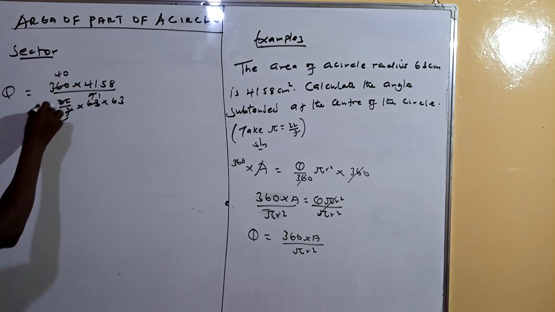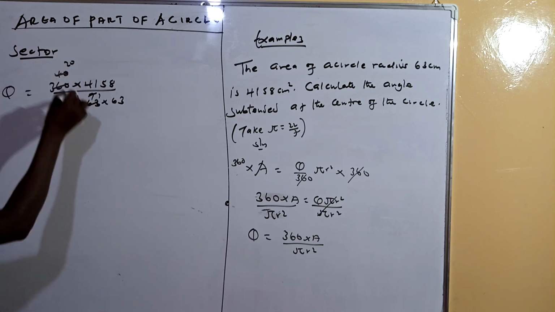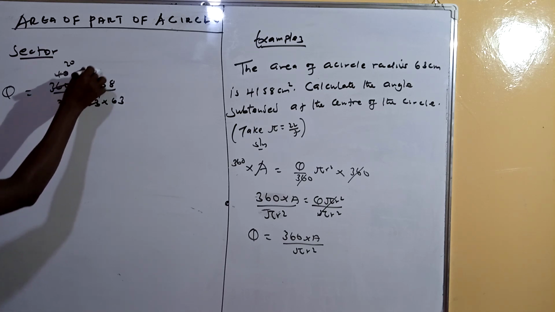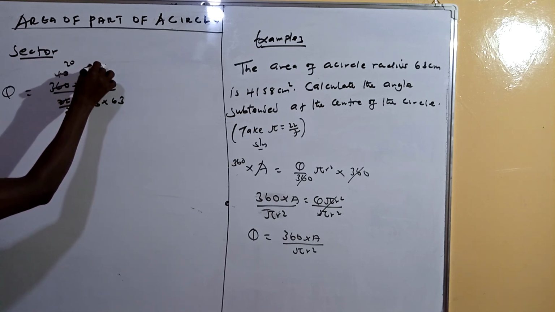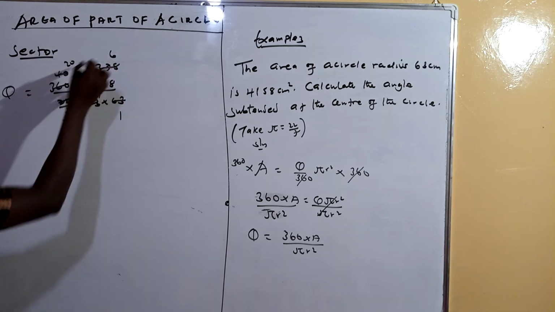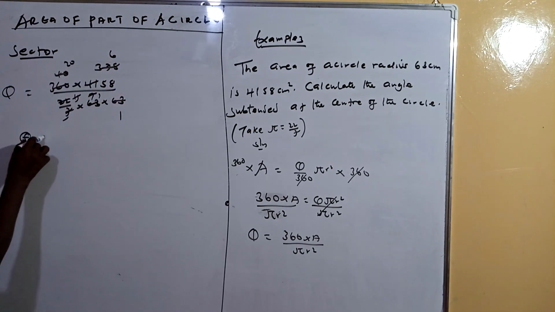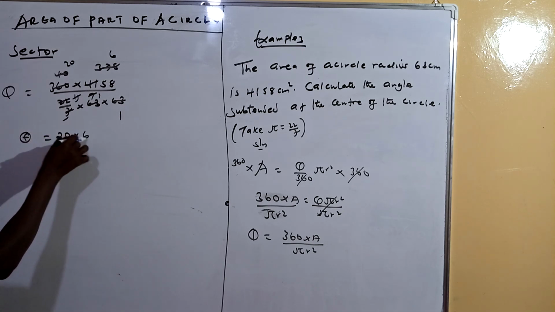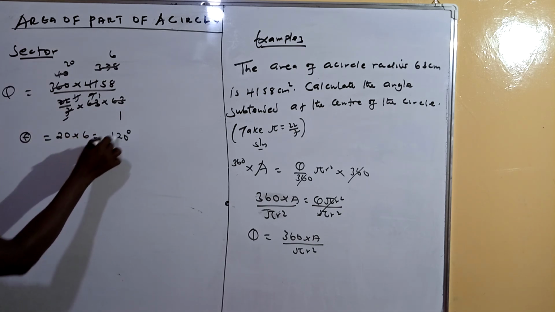Okay, 2 by 22 is 11; 20 by 11, 1; 11 by 11, 1. This one 3, 7, 8; 63 by 63, 1; 6. So theta therefore is equal to 20 times 6, which is 120 degrees.